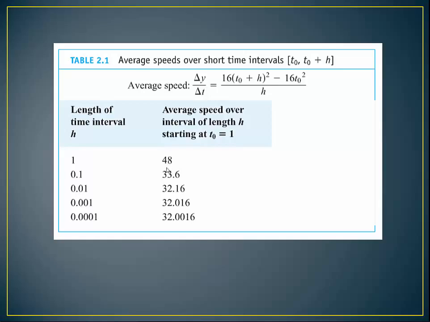Well, if you notice what's happening as my h is approaching 0, this value is approaching what we call a limiting value. And if you dump the decimals, you can see it appears that my average speed is approaching 32.